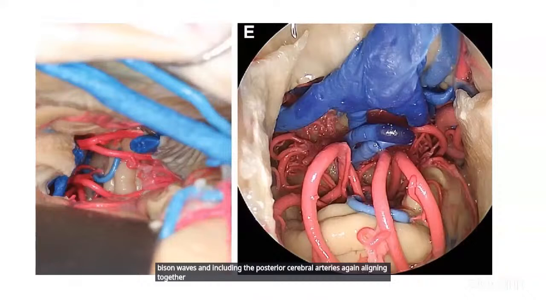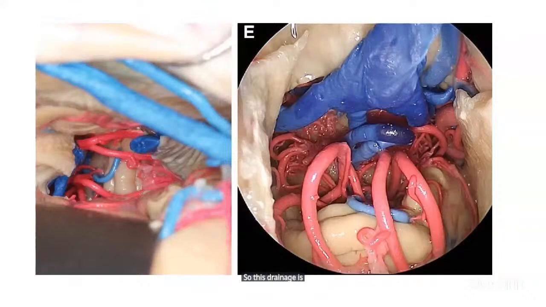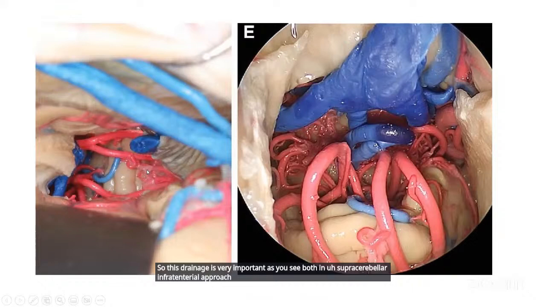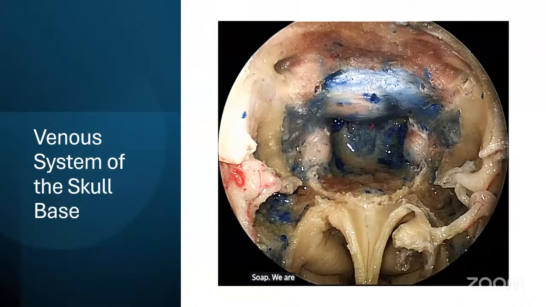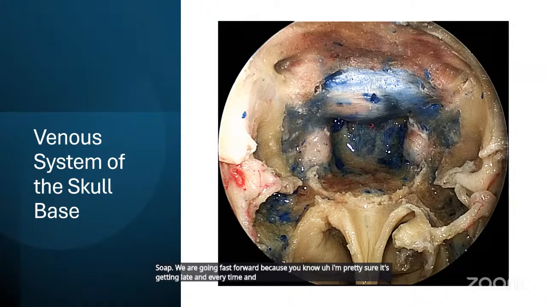So this drainage is very important, as you see, both in supracerebellar infratentorial and in interhemispheric approaches. We are going fast forward because it is getting late, and I don't want to repeat what previous speakers said.